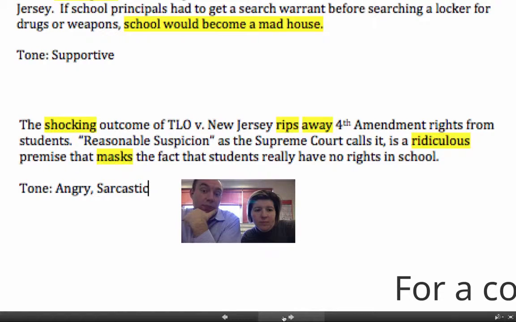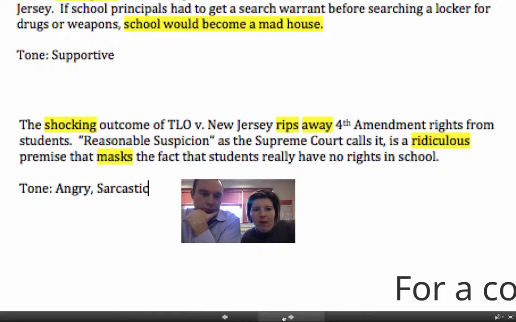So here's the same topic, different tone. The shocking outcome of TLO versus New Jersey rips away Fourth Amendment rights from students. Reasonable suspicion, as the Supreme Court calls it, is a ridiculous premise that masks the fact that students really have no rights in school. Totally different tone. A little bit sarcastic, a little bit angry.